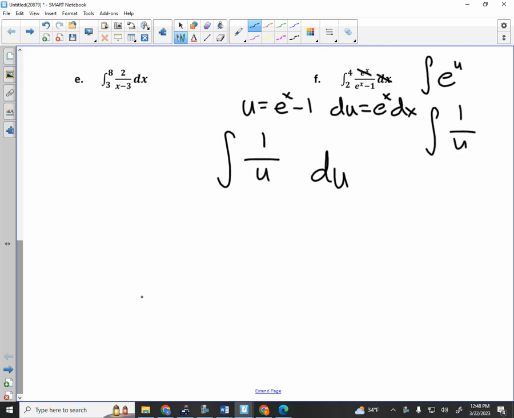And the antiderivative of 1 over u is the natural log of the absolute value of u, which is e to the x minus 1, right? And so we are going to evaluate that at 4 and at 2.